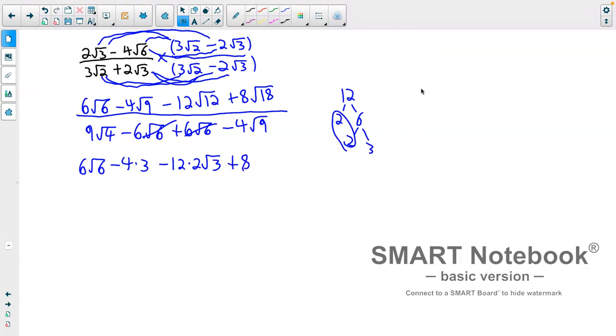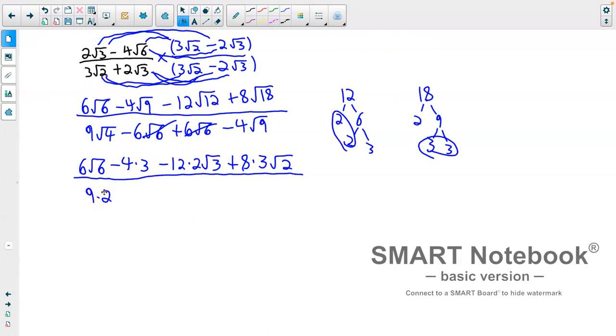We've got plus 8. 18 is the same as 2 times 9, which is 3 times 3. So we can have a 3 come out. So plus 8 times 3 root 2. All over 9 root 4, so that's 9 times 2 minus 4 times square root of 9 is 3.